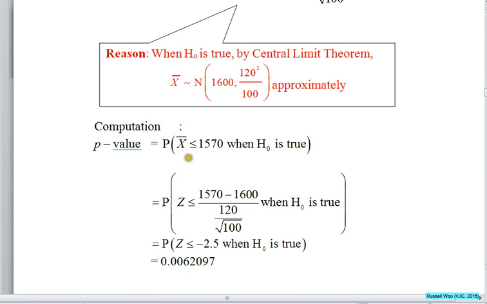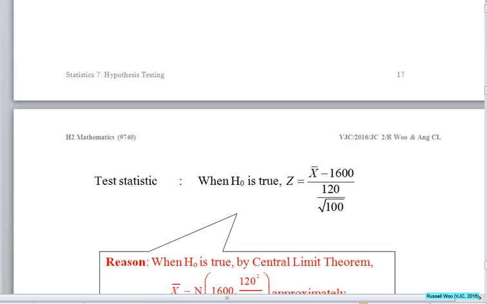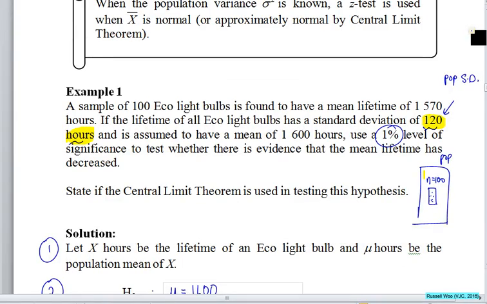It is the probability of getting this kind of value, given your 1006 and your observed X bar of 1570. Because just now you saw the question, out of 100 light bulbs, 1570 is your sample mean.